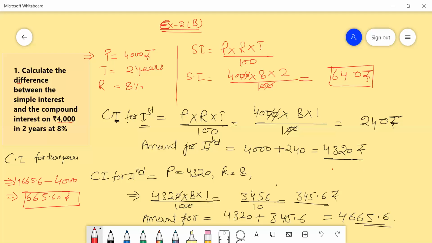The difference between SI and CI is 665.60 minus 640, which is 25.60 rupees.